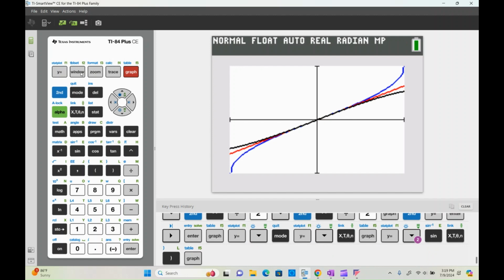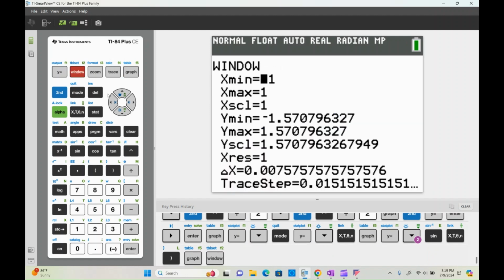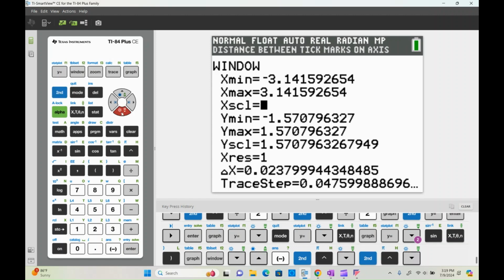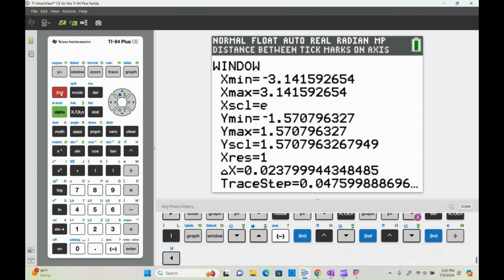It's not going to go as far as sine of x is going to. So if I actually go in here to my window and maybe extend this a little bit, let's say minus pi to pi, let's go by pi over 2's.